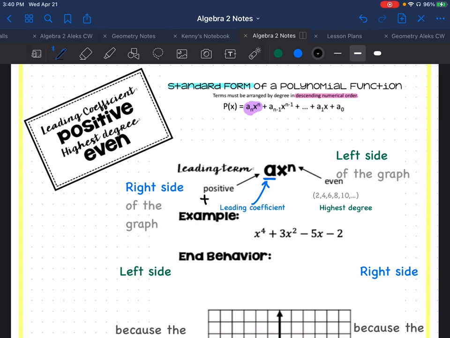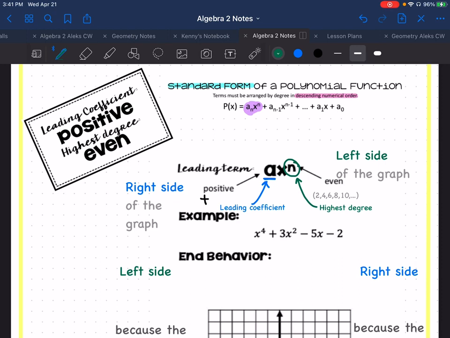Okay, +2, +3, +½. It doesn't matter what the number is, it just has to not have a negative sign. And when the degree, which is right here, when its highest degree is even, 2, 4, 6, 8, who do we appreciate? And so on and so on.